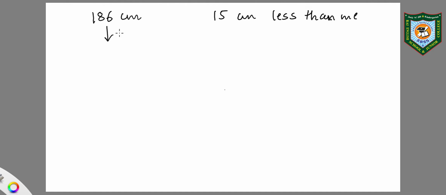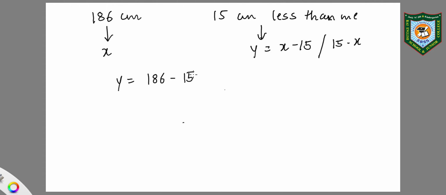So I'll define my height as x, my brother's height as y, which is equal to x minus 15 or 15 minus x. Let's see which height is correct. So now we need to find y. So y is equal to x minus 15. The value of x is 186, and minus 15. So this is equal to 171 centimeters.